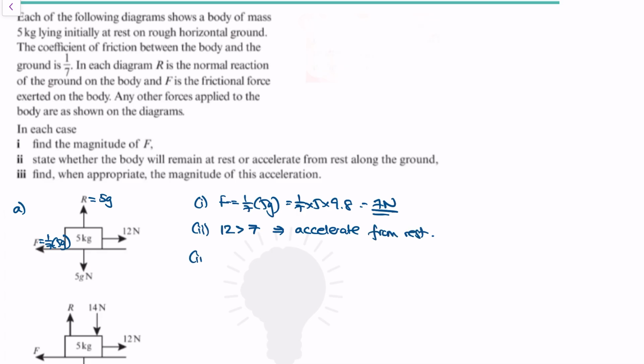So now we need to find the value of acceleration. So that means Newton's second law applied horizontally. We have 12 minus 7 must be equal to 5 times acceleration, which means acceleration is equal to 12 minus 7 is 5, 5 divided by 5, which is equal to 1 meter per second squared.